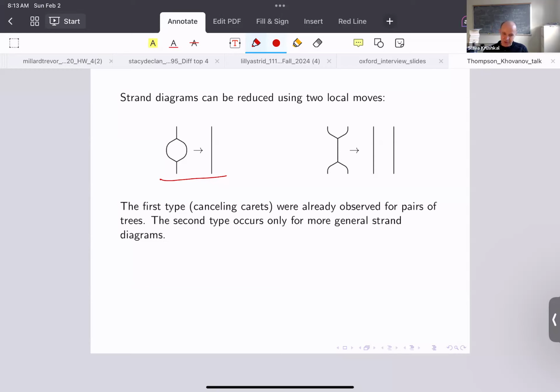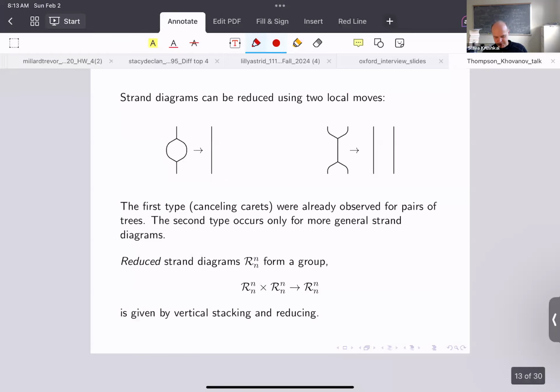And so we'll consider two strand diagrams equivalent if they're related by one of these two moves, by a finite sequence of such moves. And if you cannot go from left to right, then this is going to be called a reduced strand diagram.